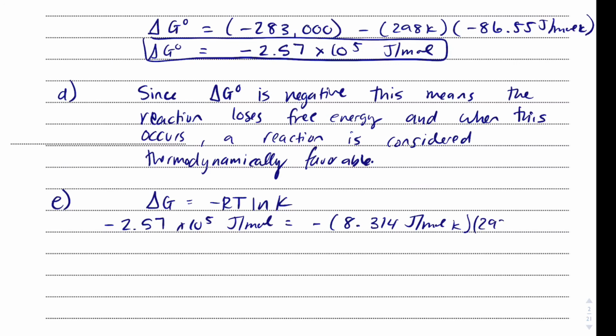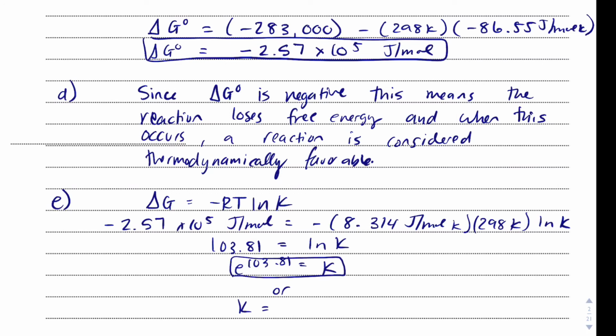Temperature is at 298 Kelvin, and so we need to get ln of K. We're going to divide over 8.314 and 298, and then we're going to get 103.81 equals ln of K. And so we take e to the 103.81 equals K. And if your calculator says overflow error, then you just leave it like that. Or if your calculator can solve it, this is K equals 1.22 times 10 to the 45th.